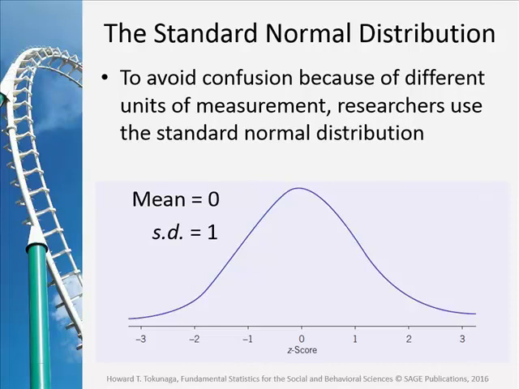So again, we don't want people to be confused, because if we're talking about shoe size, the average will be 8. If we're talking about IQ, the average will be 100. If we're talking about height, the average will be 5'10", whatever. So for us, when I say standard normal distribution, the standard normal distribution starts with a mean of 0 and a standard deviation of 1.